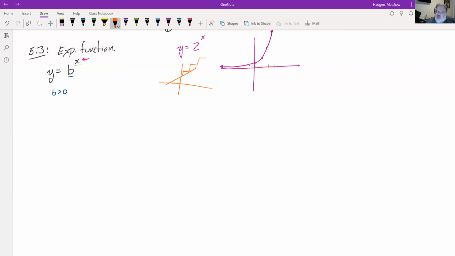Where exponential functions, instead of going up the same amount, go up the same multiple, the same ratio. So this goes, instead of up by 2, it doubles over 1, and then doubles over 1, doubles over 1. And that's what gives them this really dramatic growth. Fair?